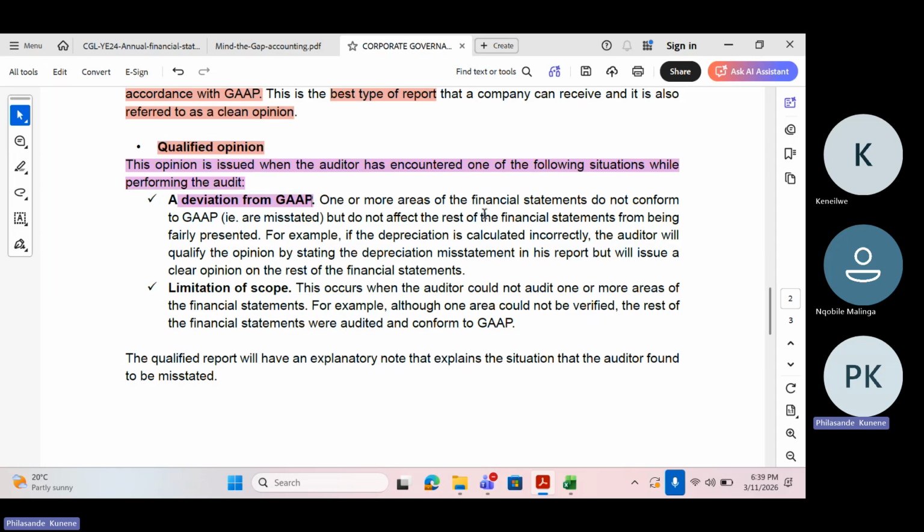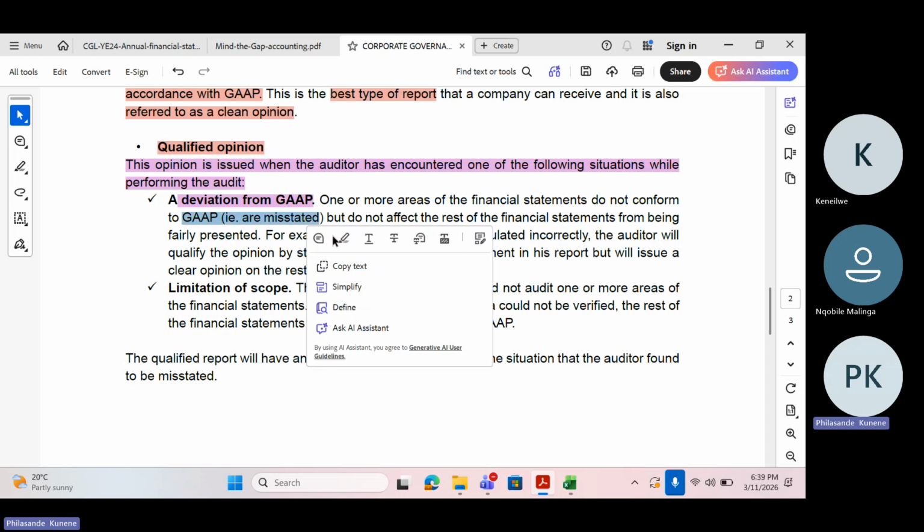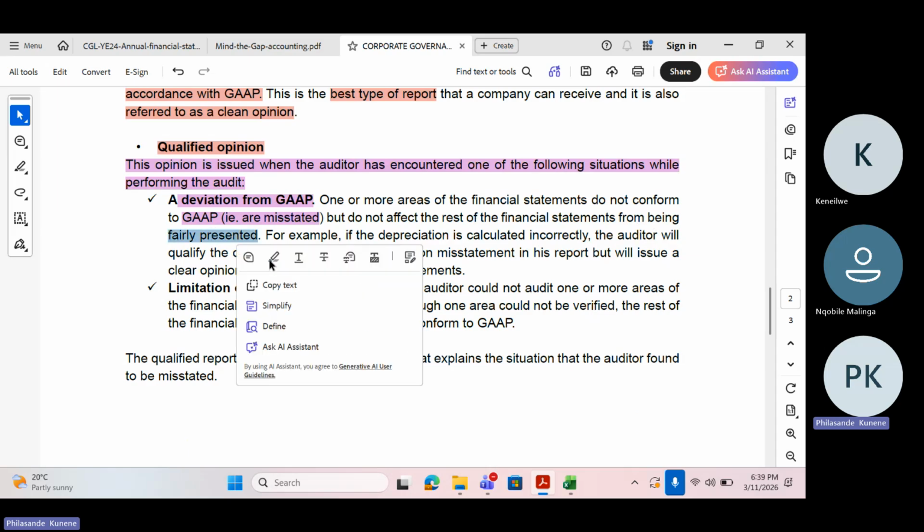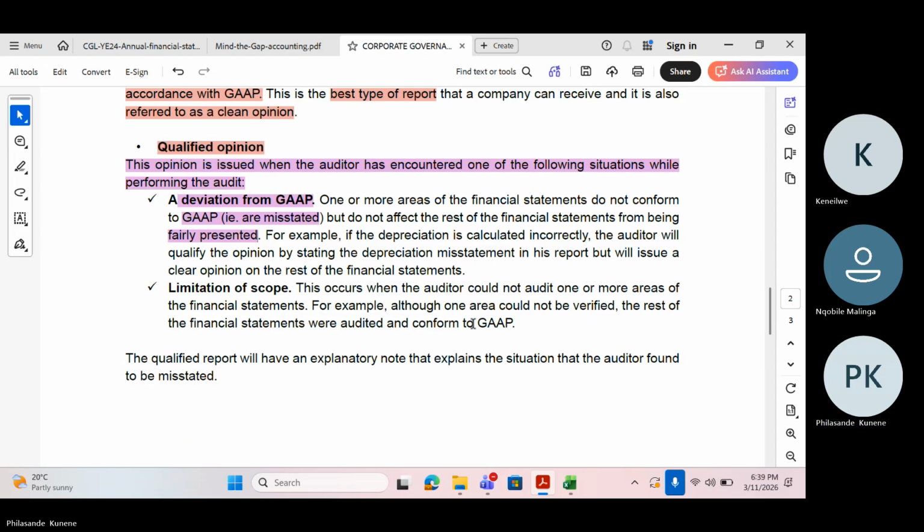Let's see what they're saying. One or more areas of the financial statements do not conform to GAAP, that is, are misstated, but do not affect the rest of the financial statements from being fairly presented. Which means other lines in the income statement are fairly presented, but only one is misstated.